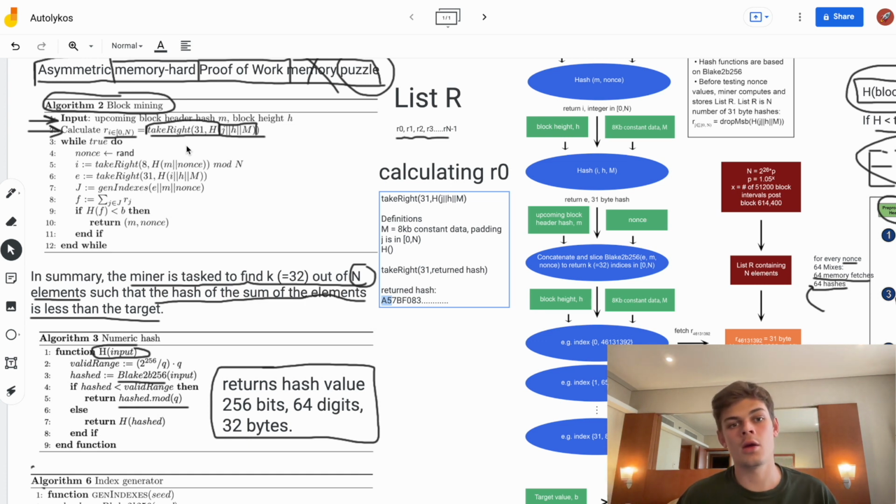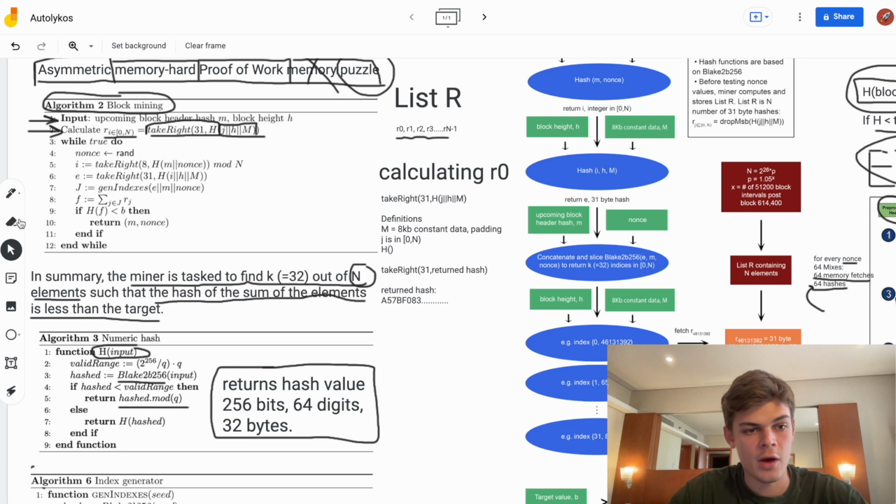In other words, you're dropping the most significant byte, which is on the left-hand side, because the returned hash is 32 bytes long, and we're cutting it to 31 bytes by removing the byte on the left. In this case you'd be removing A5, and you're left with 31 bytes, which is equal to this thing here.